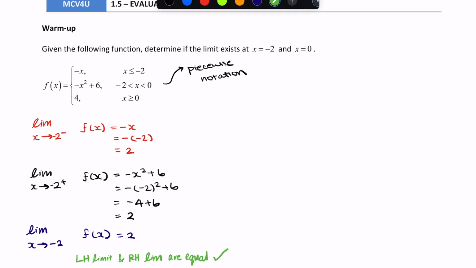So again, when it goes from -2 from the left and -2 from the right, they both give you a value of 2, which means that the limit as x approaches -2 will be 2.